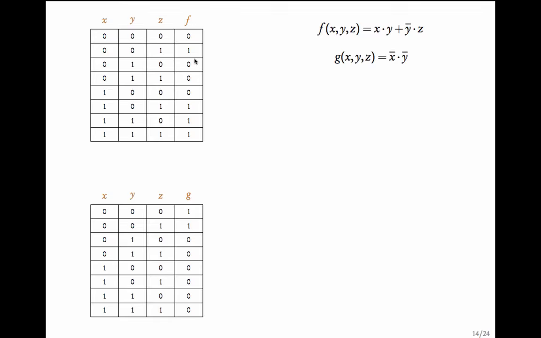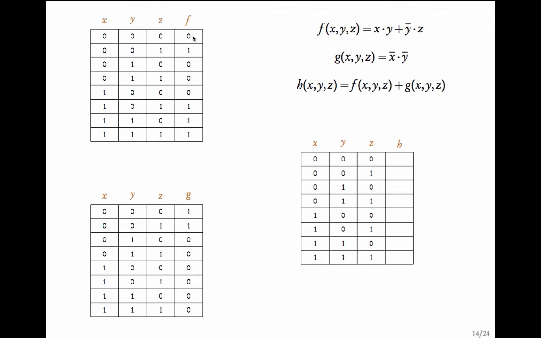How about doing a plus? So this is a truth table for f. This is the truth table for the function g. Now we define h to be this plus this. Now how will the truth table of h look like?